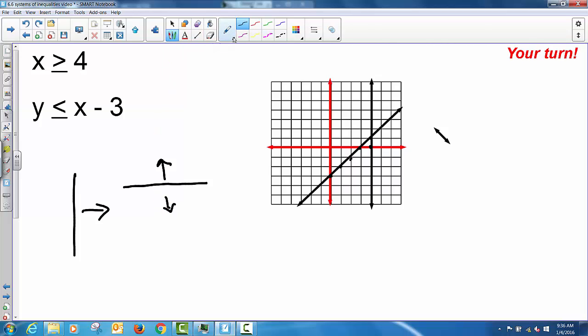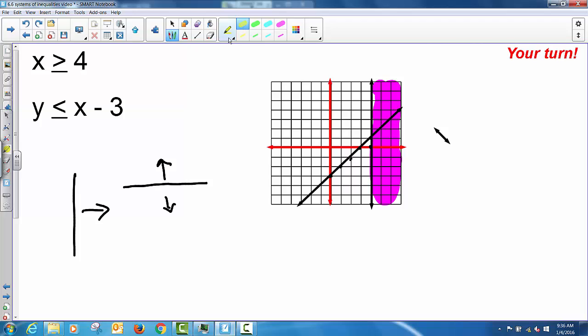Alright, so let's shade. Get a highlighter here, and we'll do purple. It says x is greater than or equal to 4, so that means we shade to the right of the line. It's so hard to get exact with these markers, but we try.